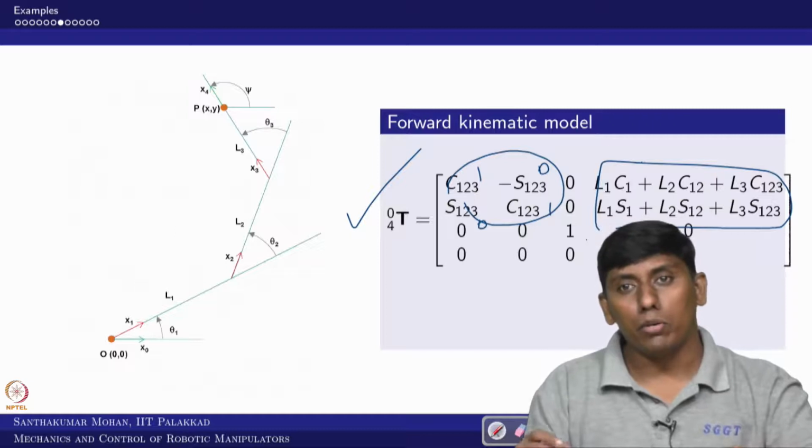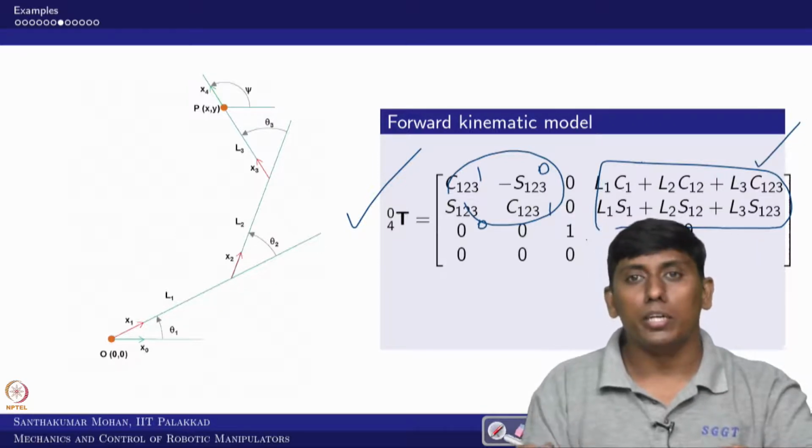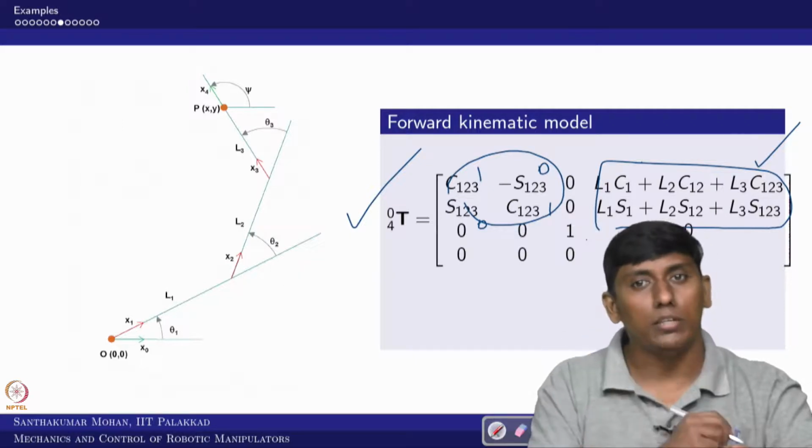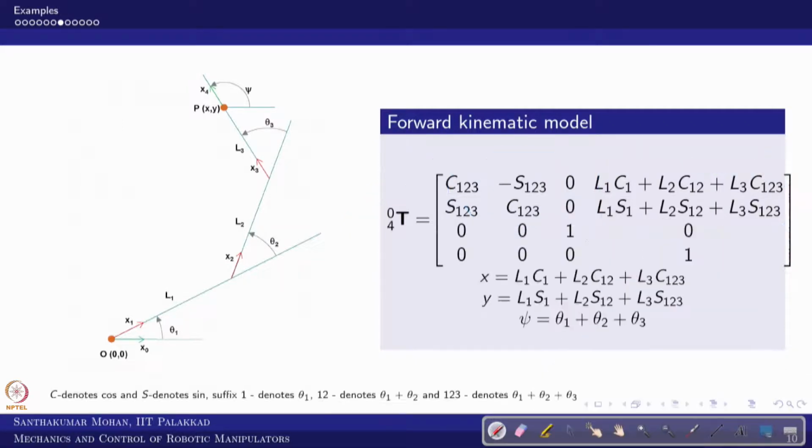What we are bothering about is, if I give the position vector and orientation information, can I find theta 1, theta 2, theta 3 individually? For that, we can rewrite this equation again. 1 2 means theta 1 plus theta 2, and 1 2 3 means theta 1 plus theta 2 plus theta 3.